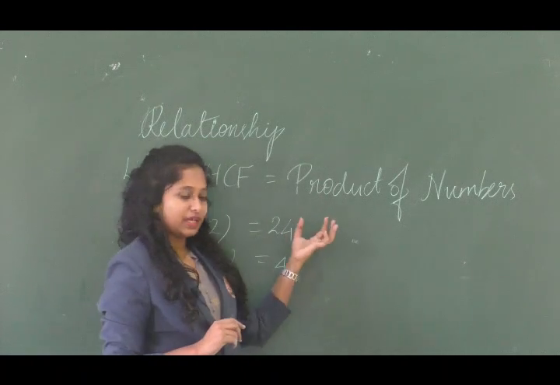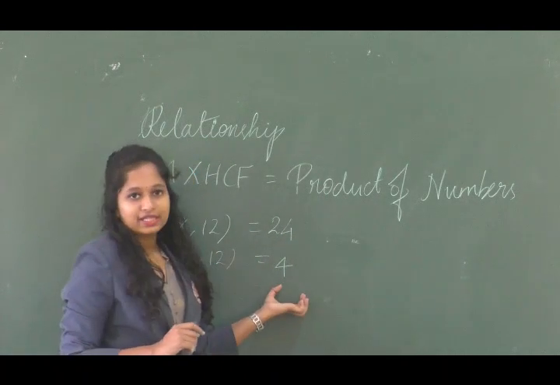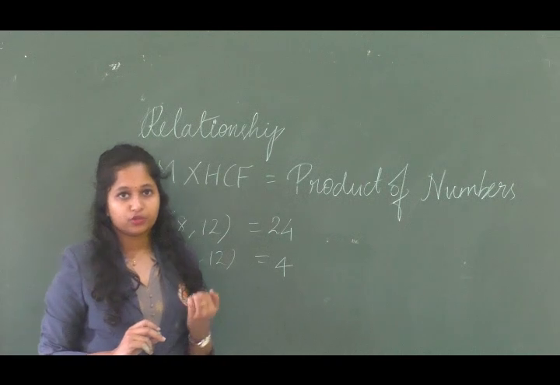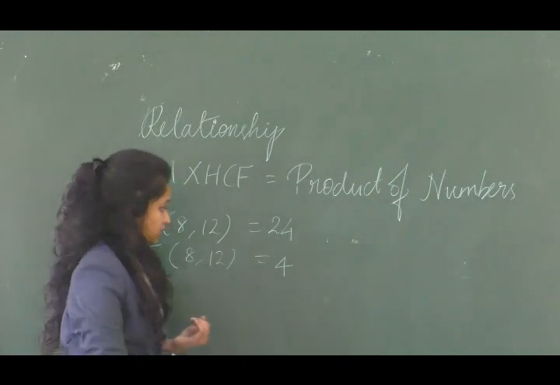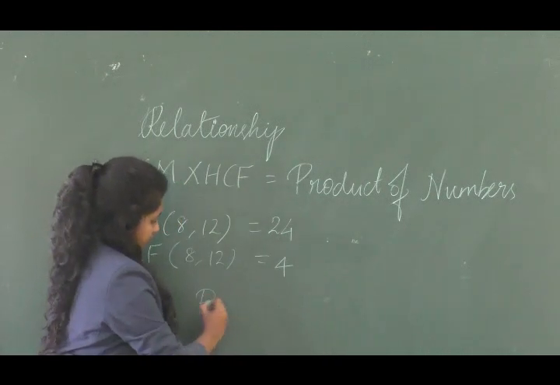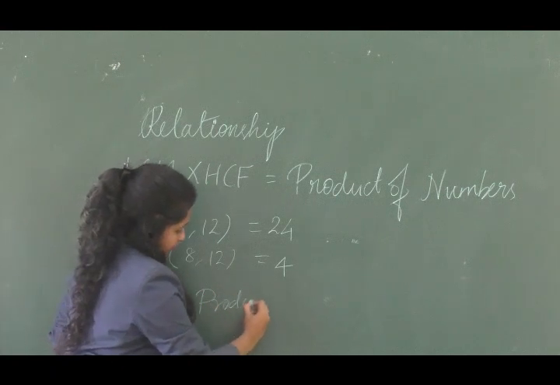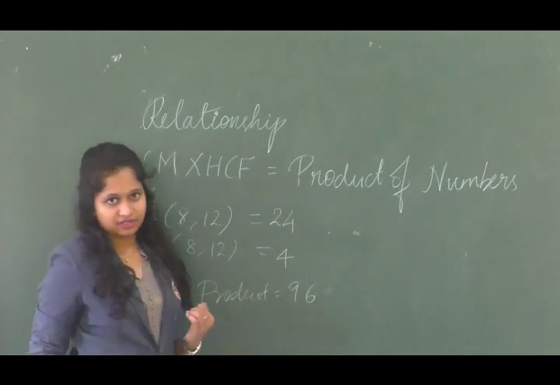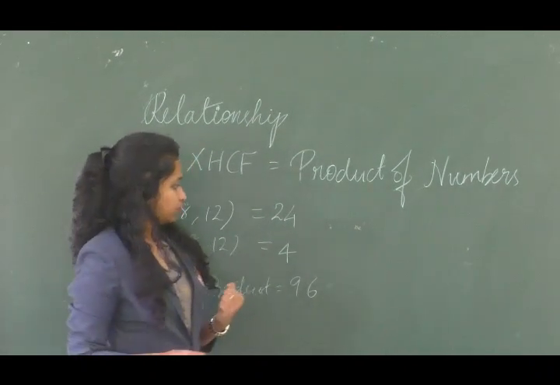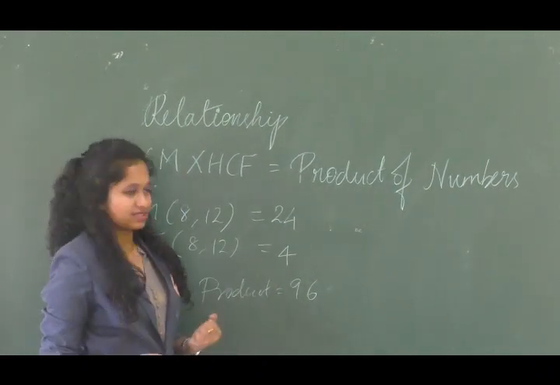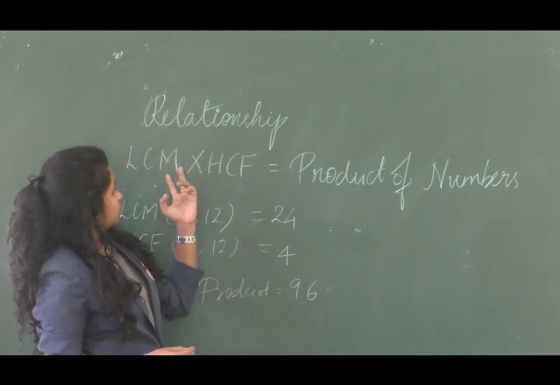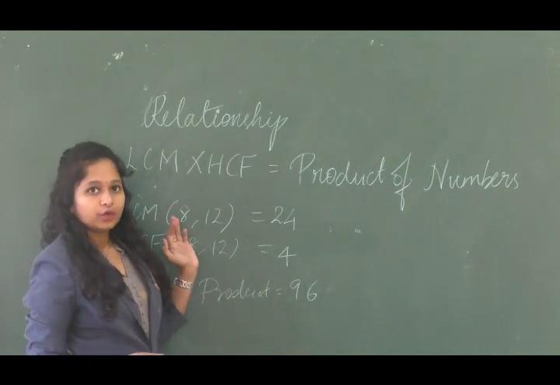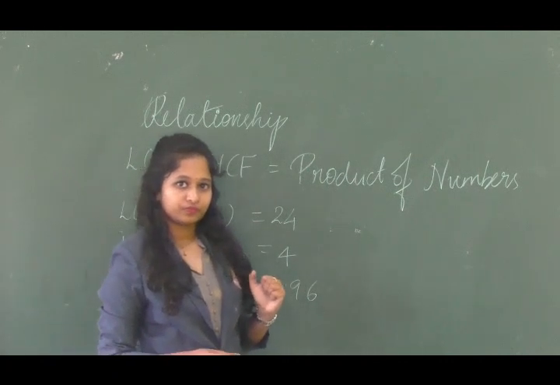Now let's multiply the LCM and HCF. When you multiply, we get the product as 96. Okay, the product is 96. What is the product of 8 and 12?